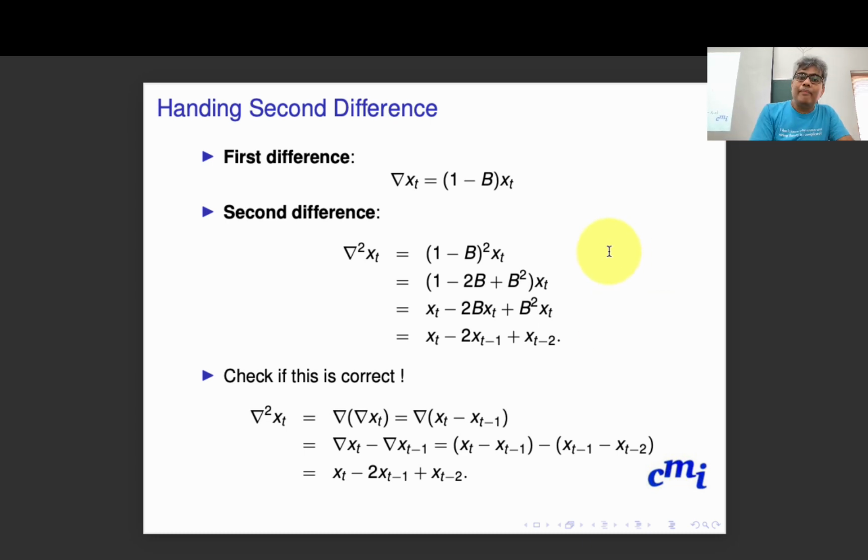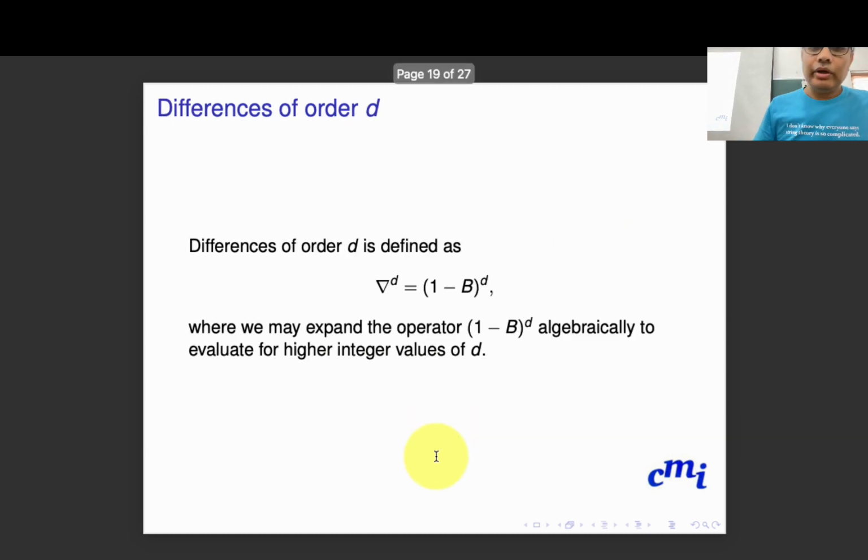Just a simple nabla operation gives so many permutations and combinations of model operations we didn't even think of. Okay. So this is homework for you. And now obviously I can generalize it to the D difference.